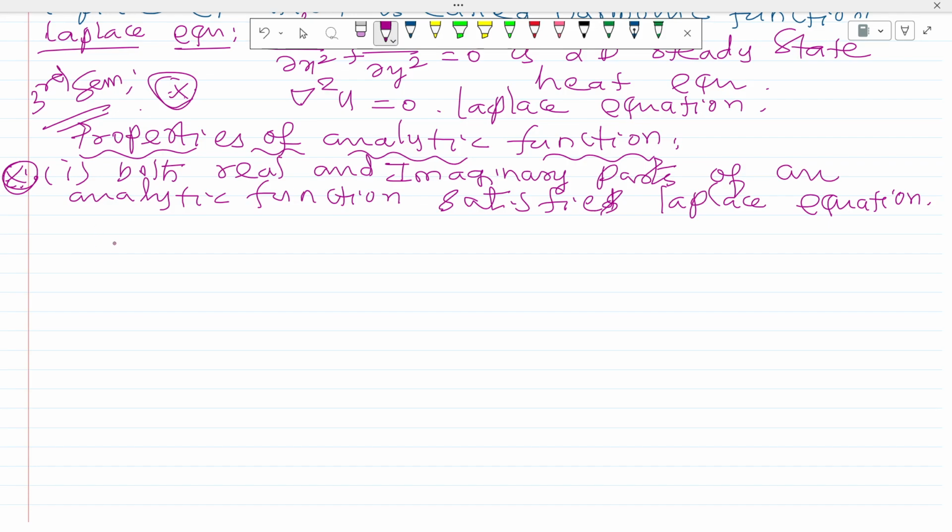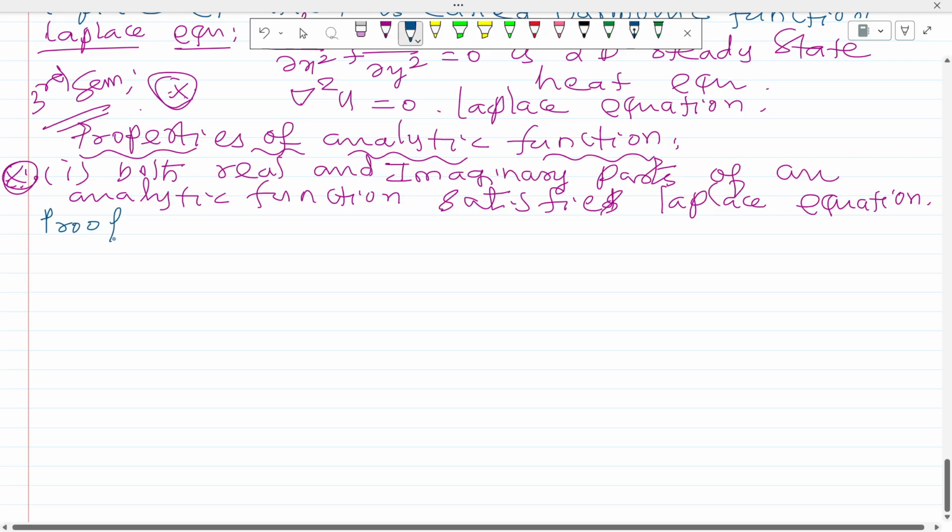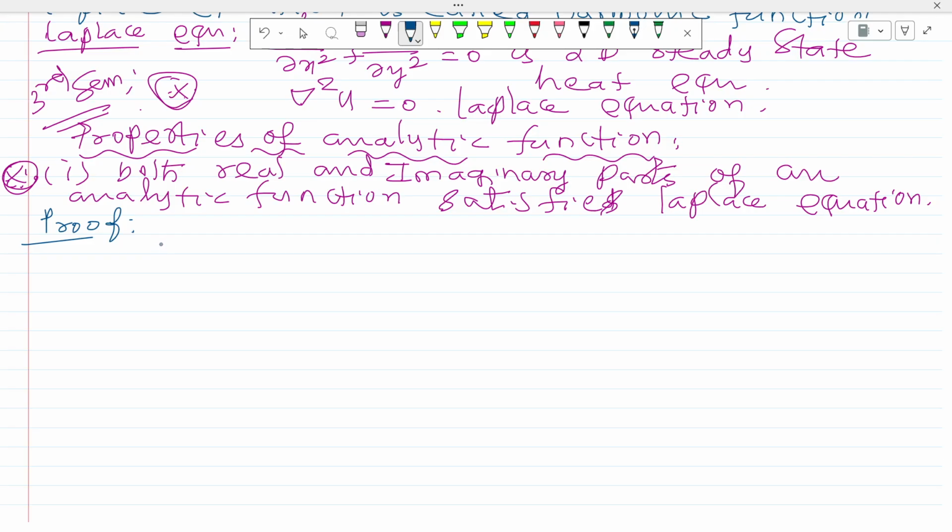Okay, fine. Here, write the proof for this. Let f of z equal to u plus iv be an analytic function.